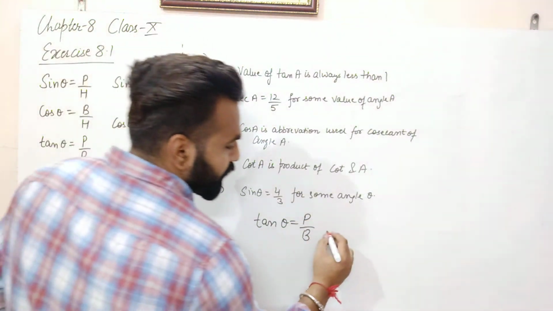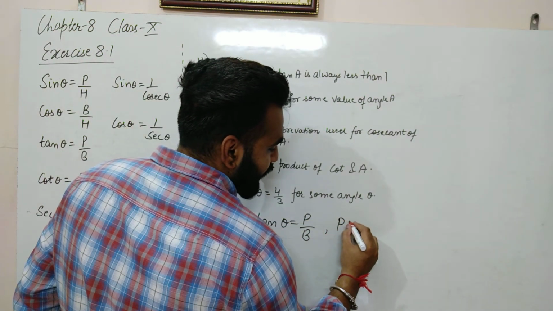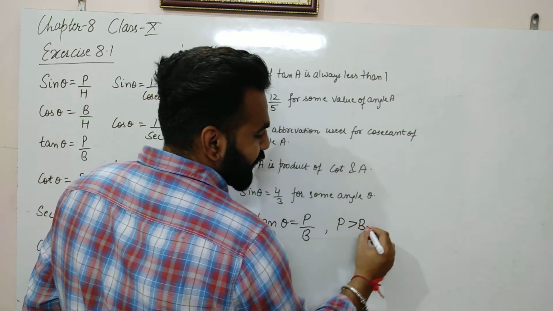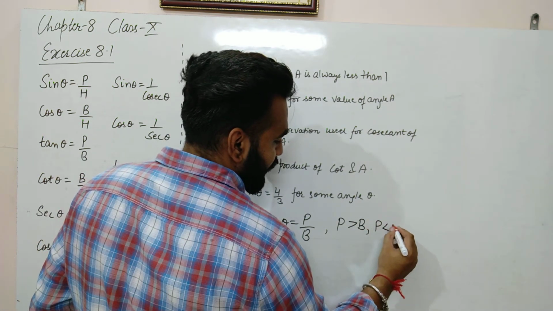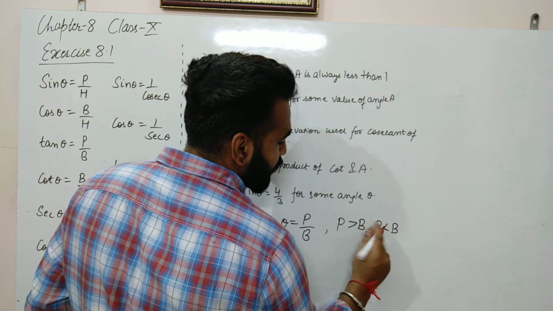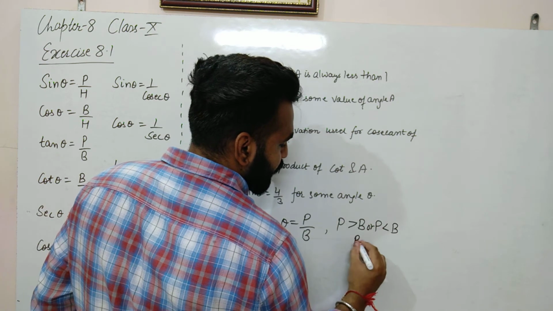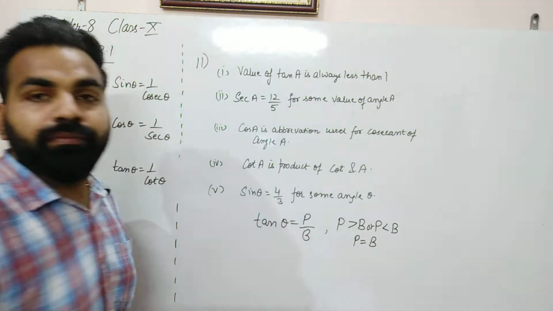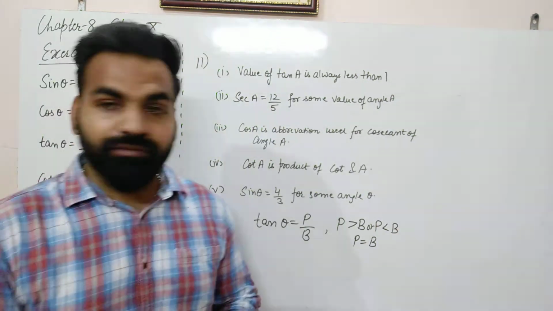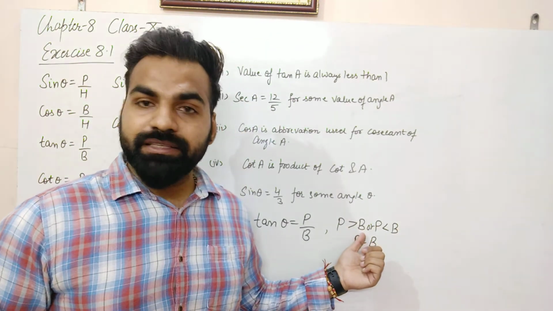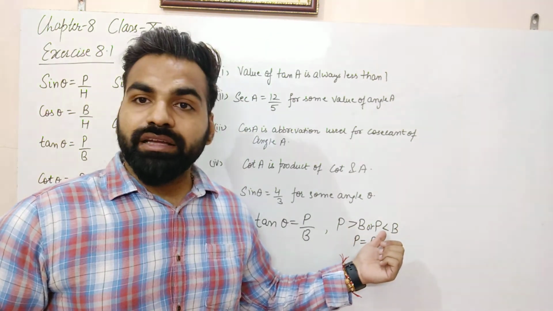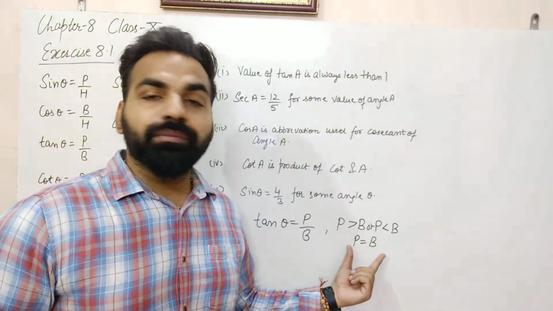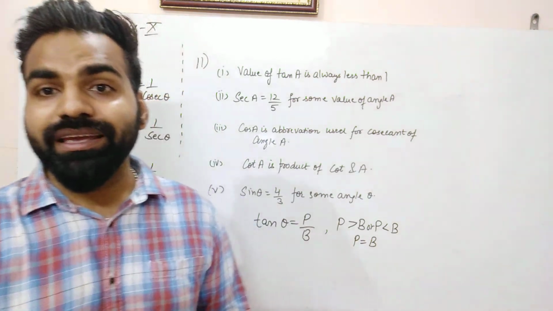Now P can be greater than B, or it can be less than B, or P can be equal to B. There can be a triangle where perpendicular is greater than base. Perpendicular can also be less than base, and perpendicular and base can also be equal.